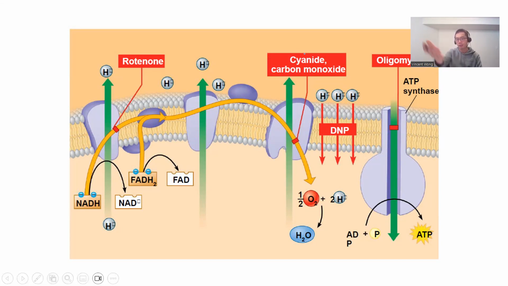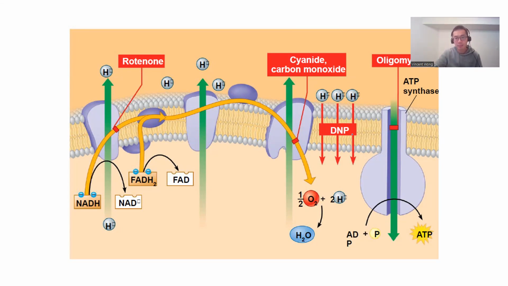With carbon monoxide, there's no oxygen to pull the electron off. In the case of cyanide, the oxygen is there, but it's unable to pull it off. You understand the difference? It's different, right?